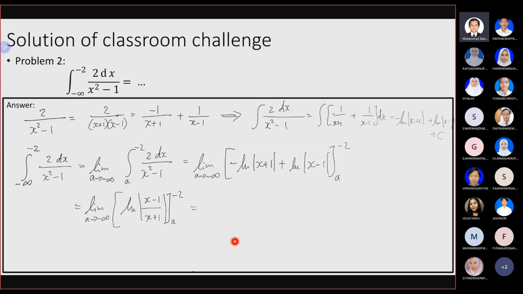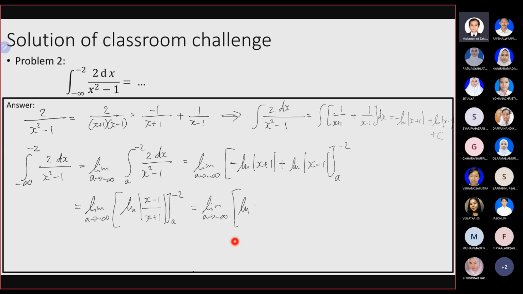which is equal to the limit a goes to minus infinity of, if we put minus 2, then we have ln of minus 3 over minus 1.